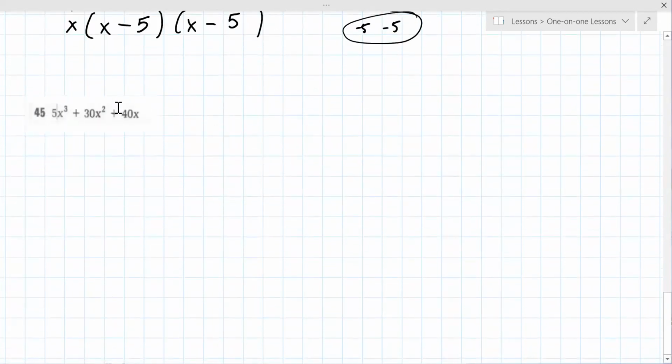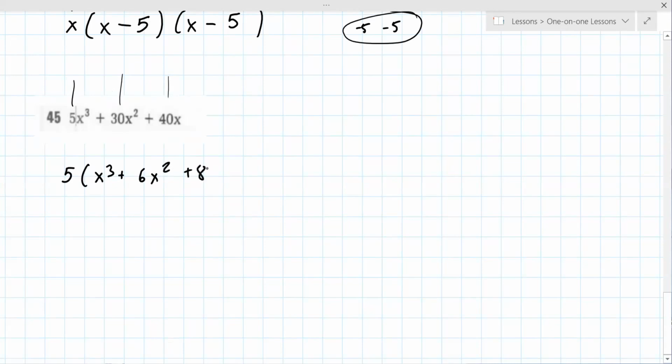Okay, so first thing you should know about GCFs is it's okay if you don't get it all together to start. A lot of times the number is just the number out in front. So let's factor a 5 out. Okay, that's x cubed plus 6x squared plus 8x. It's okay if you just do that, because then you're going to say, oh, there's an x in every single term.